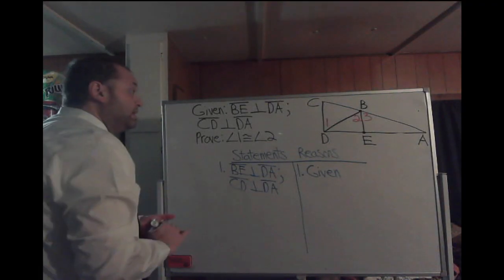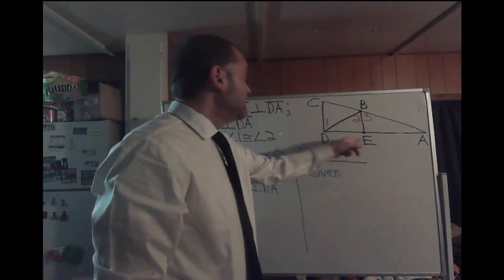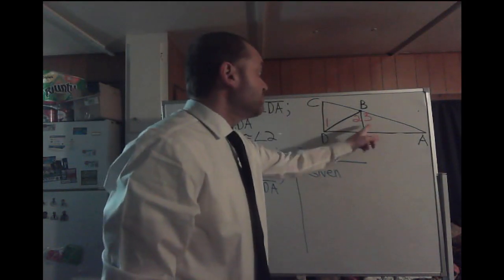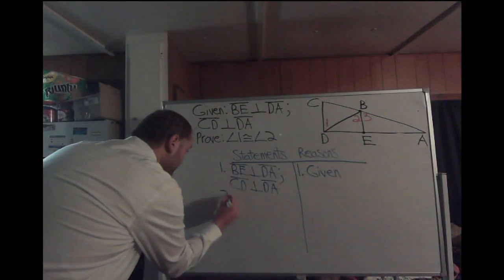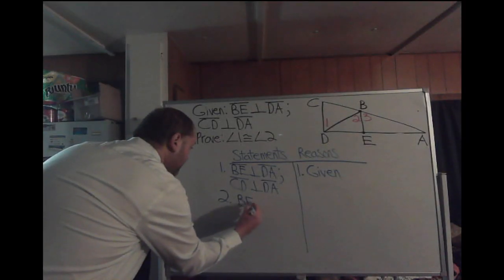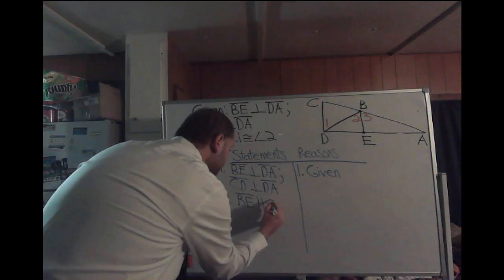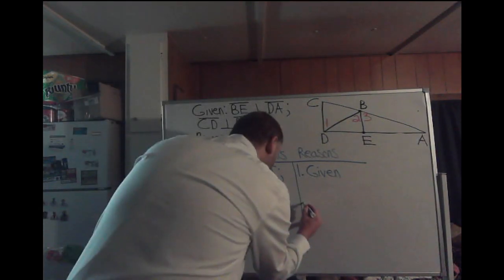Where do we go from here? Well, so BE is perpendicular to DA, CD is perpendicular to DA. Both these lines are perpendicular to DA. We actually would next say that line segment BE is parallel to line segment CD. How would we conclude that?